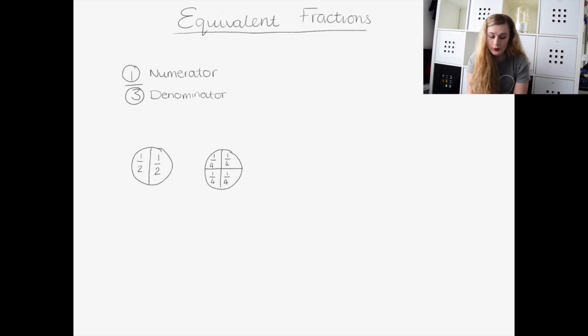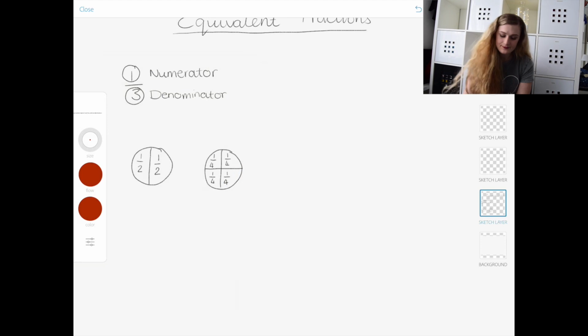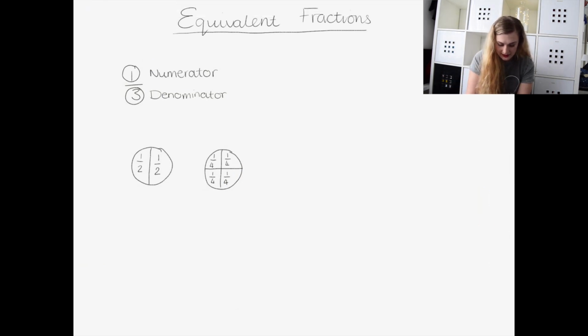Now, when I'm looking at my equivalent fractions, I'm just going to get another colour so that we can show it nice and easy. Let's go for a red. I have got here 1/2. Now if I look at my pizza, making sure that they're equal sizes, if I look at my other pizza, I can quite as easily see here, this is exactly the same shape and size as the other one.